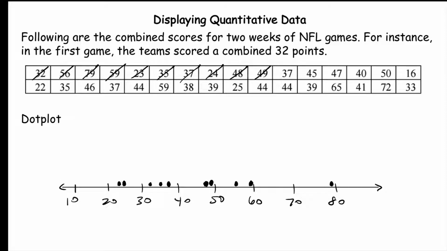I'm going down the list and I see I have two 37s. So what do I do if I have two 37s? Put them right on top of each other. Stack them right on top of the other one.